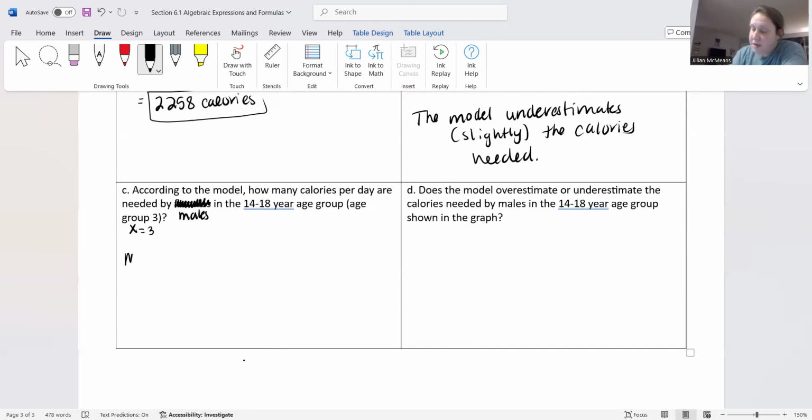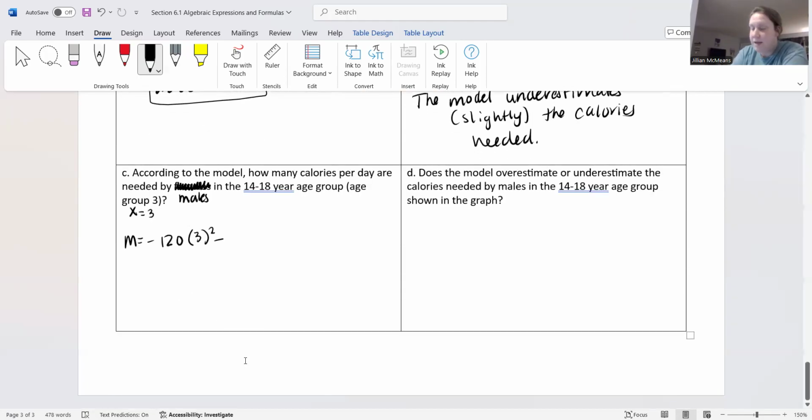So we want m equals negative 120x squared, but x, remember, we're evaluating here. x is going to be 3, plus 998 times x, which is 3, and then plus 590.